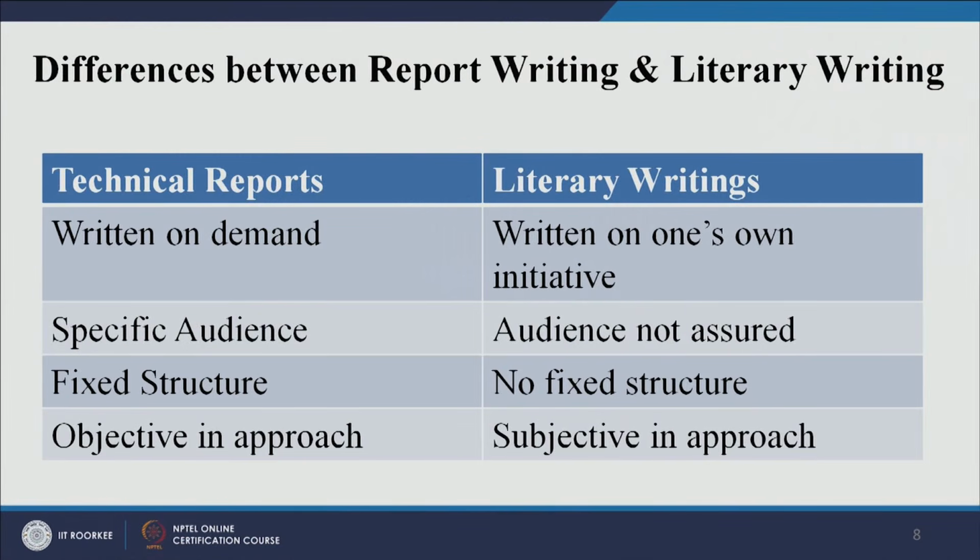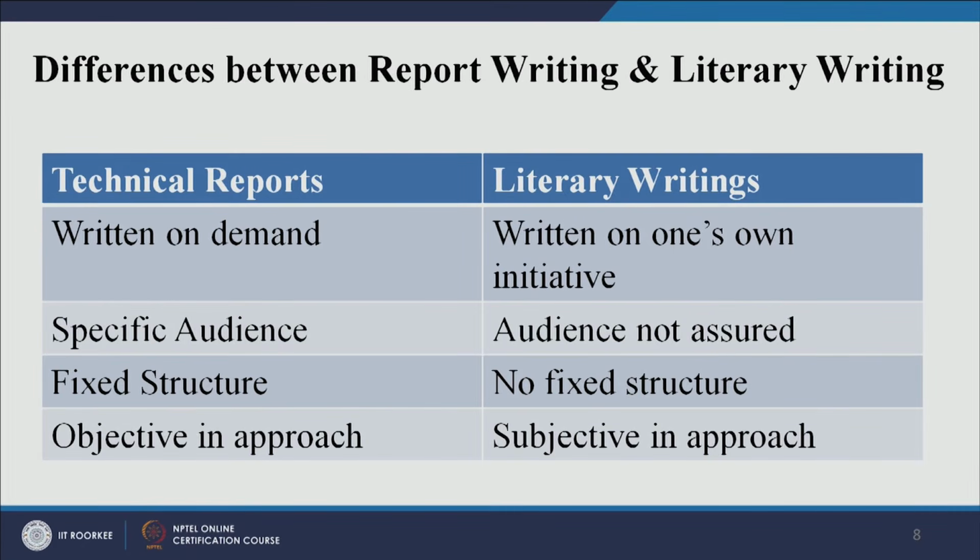Somebody reads a book by Chetan Bhagat, or a book by Ashok Banker, or some other writer. If you compare a literary writing with a report writing, you will come across several differences. As we have discussed, a report cannot be written because you feel like writing it. A report can only be written based on demand.